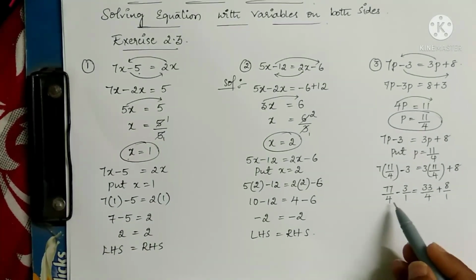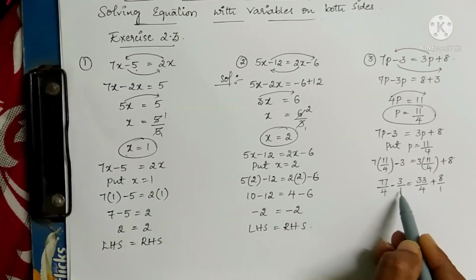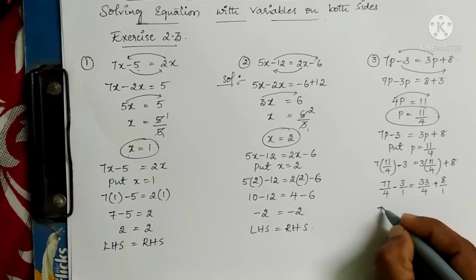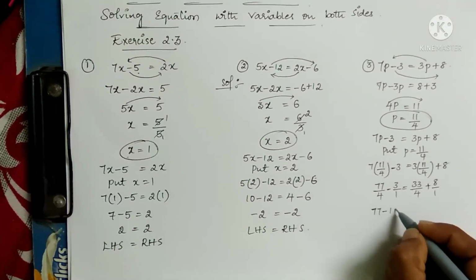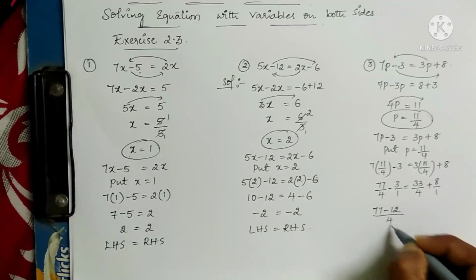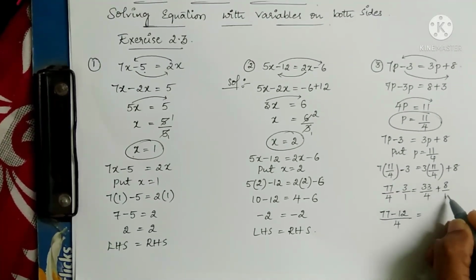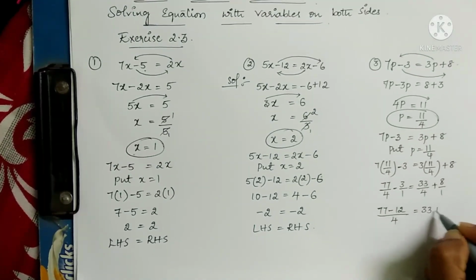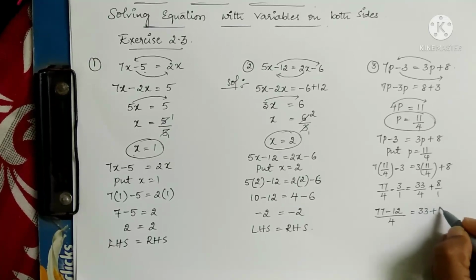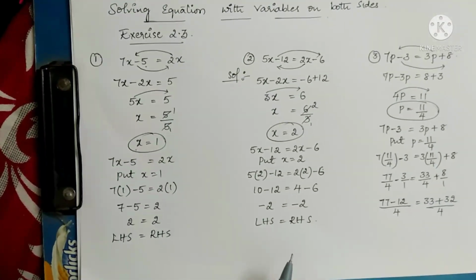Now you can see in LHS the LCM is 4 and you can cross multiply this. 77 into 1 is 77 minus 3 4s are 12 divided by 4, because 4 is the LCM, which is equal to, again cross multiplying, 33 into 1 is 33 plus 8 4s are 32 divided by 4.